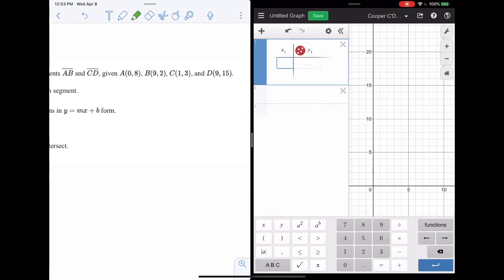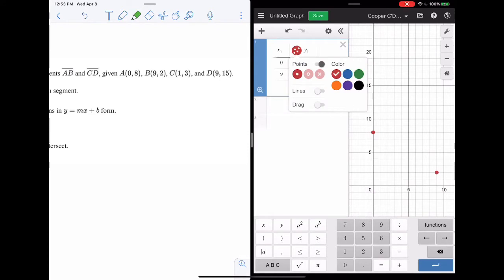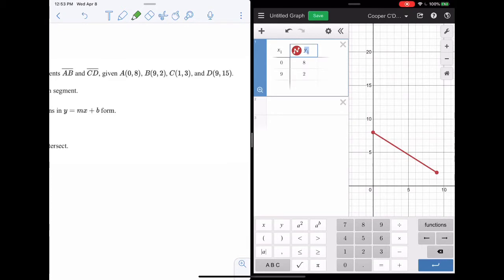The first point will be 0, 8, and the second point, 9, 2. And you can see it plots for us the 2 points. Now, I can connect these points by making a segment, by selecting line. Okay, so there's segment AB.